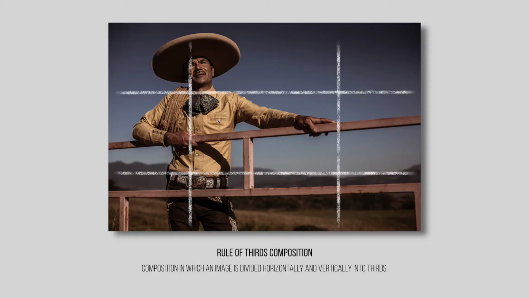Following compositional guidelines will make your photos easier to mentally process. But there's more to composition than just making something visually appealing. Let's go back to that blog analogy. The author, assuming they're skilled enough, can also manipulate the way we feel. They can play on our emotions, and you can do the same with composition, which is pretty cool.